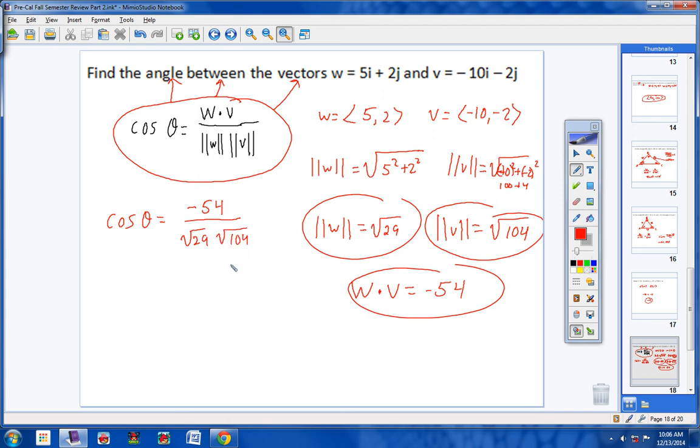So it all comes down to calculator work now, okay? I'm going to very quickly take the square root of 29, enter, and I'll get 5.3851 times the square root of 104. Enter, and I'm going to get my entire denominator here is 54.9181.